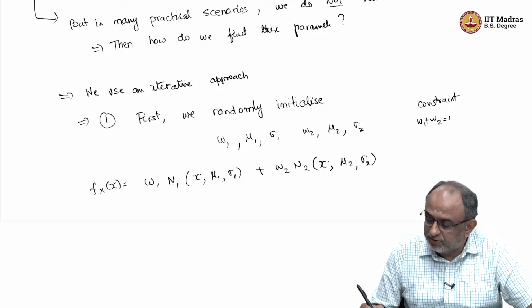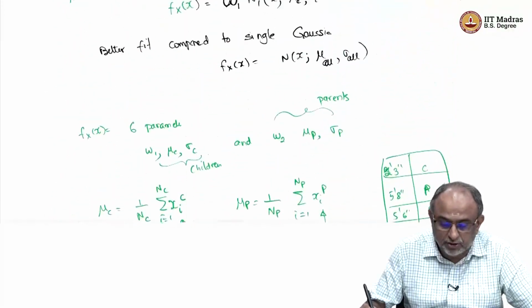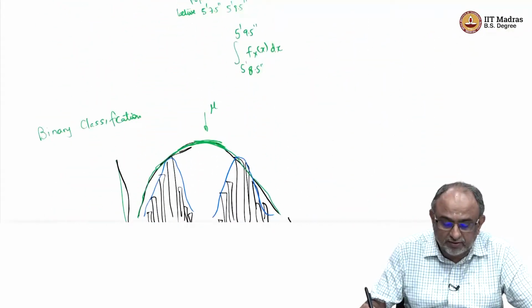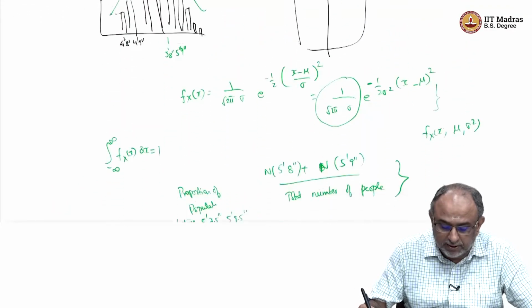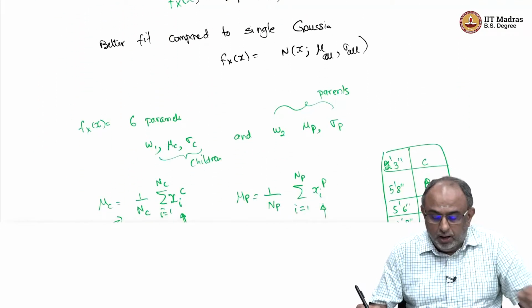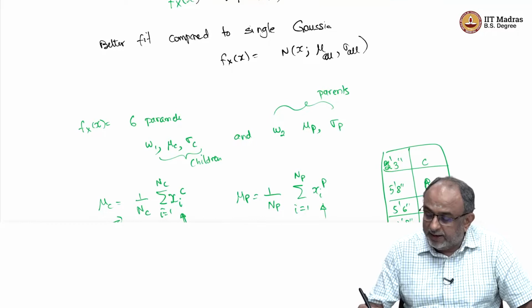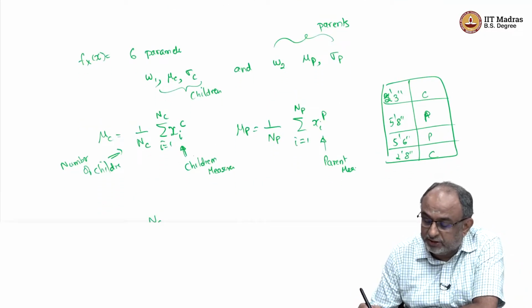This is essentially saying exactly what we discussed before of the labeled case. What did I have to do in the labeled case? If you remember, I had access to measurements with their labels.